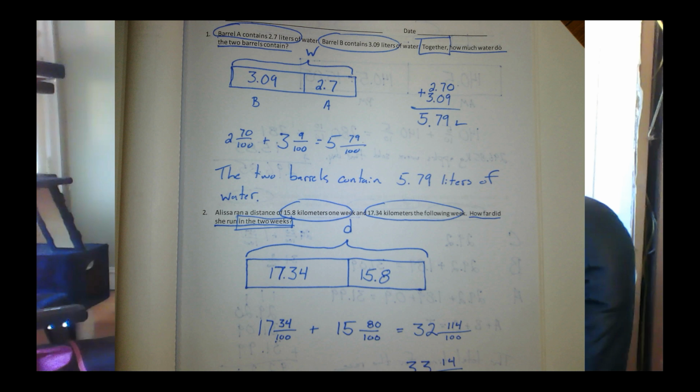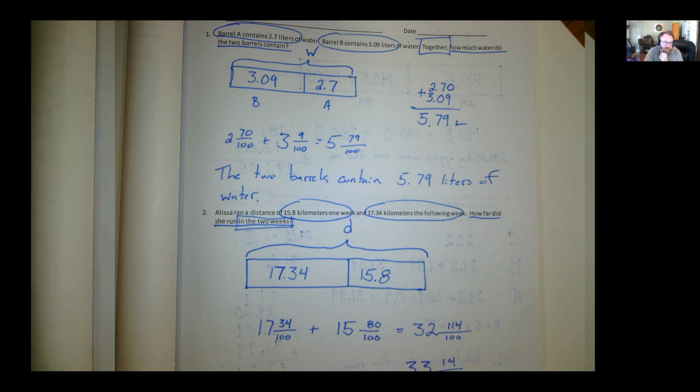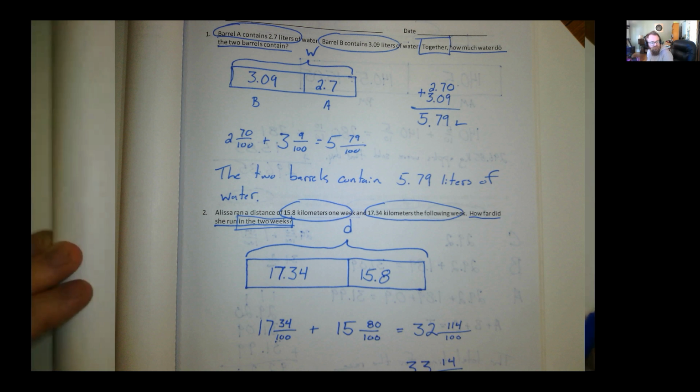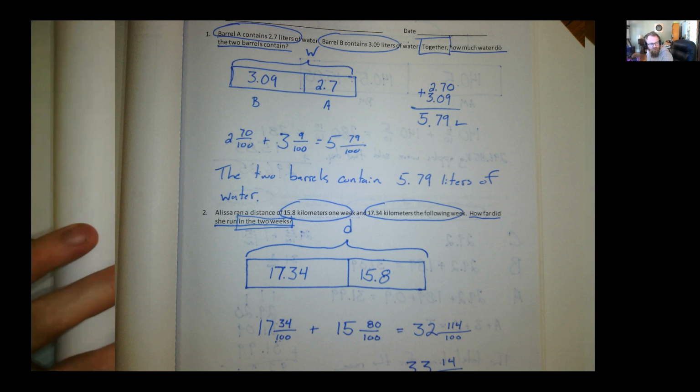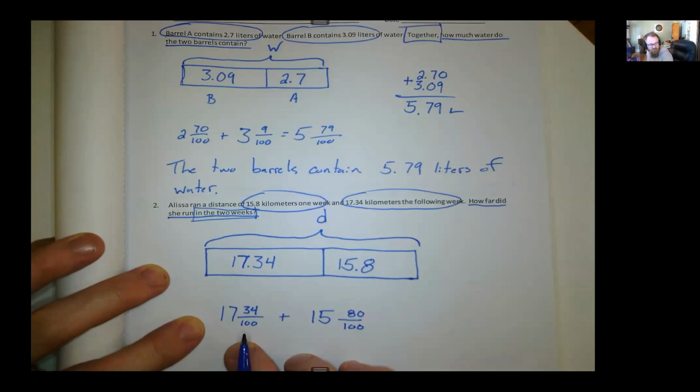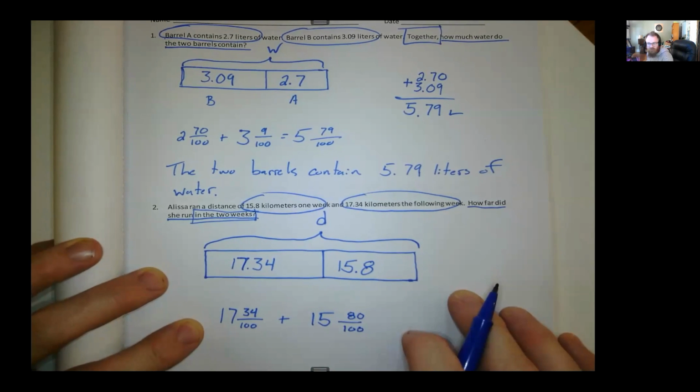Now I can add my hundredths together because they have like denominators. If they have like denominators, then I can combine my numerators to make one combined value.